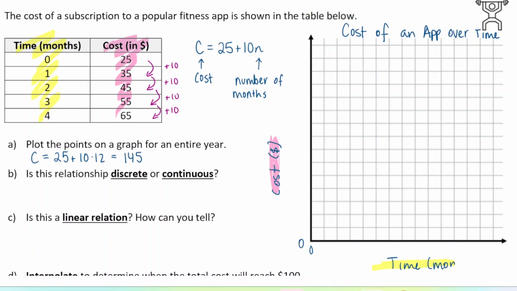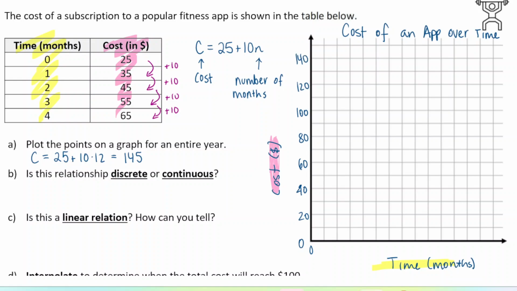So we're going to have time in months here and cost here. So I'm going to go up by tens for cost, but I'm not going to label every single one just because I feel like that looks really cluttered and it takes a long time. So I always label every second point, especially when the lines are close together. So 10, 20, 30, 40, 50, 60, 70, 80, 90, 100, 120, 140.